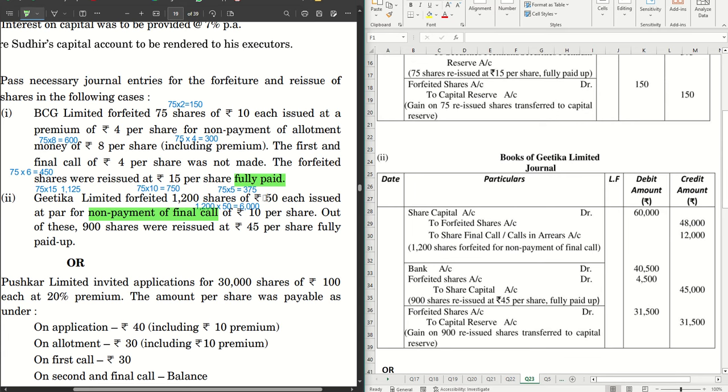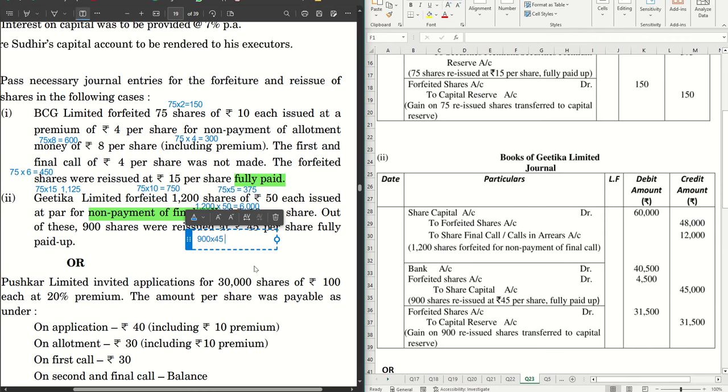And the rest, which is 40 rupees on these shares which have been received till date, will be forfeited. So 40 rupees into 1200, which is 48,000, will be credited to forfeited shares account. Okay, then out of these, 900 shares were reissued at 45 per share, so straight away the issue price becomes 900 into 45.